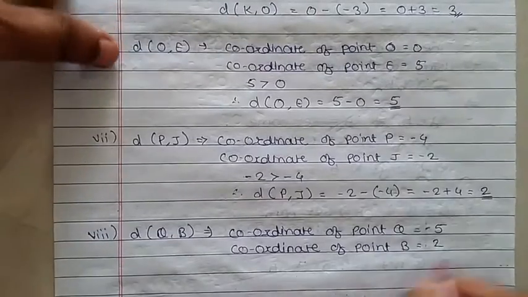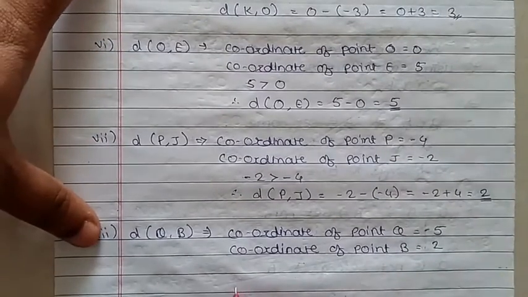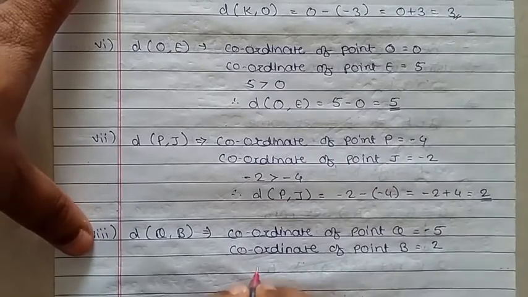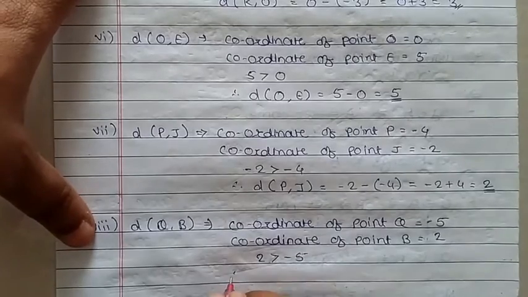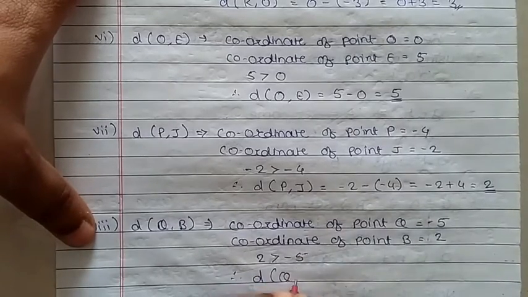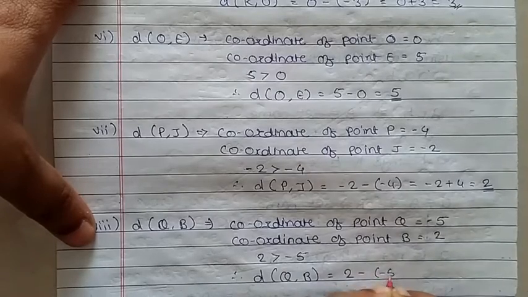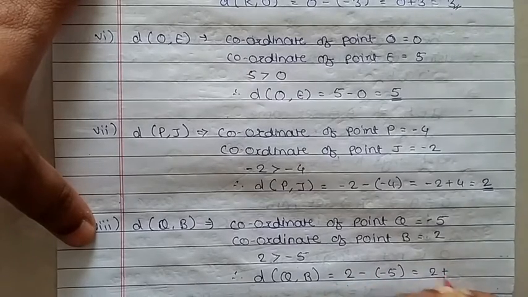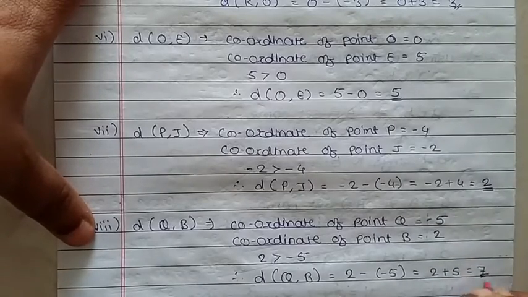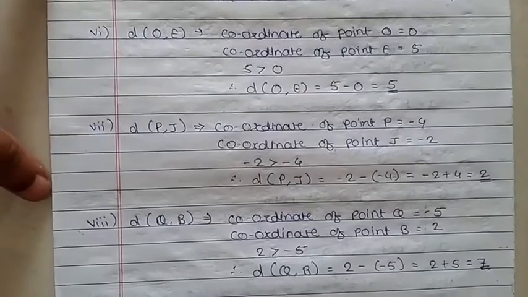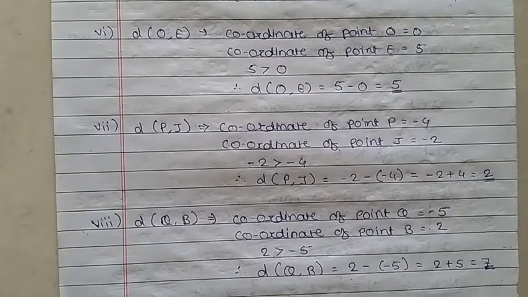So these coordinates are written down from your figure. So which is the greater one? That is 2 is greater than minus 5. So therefore the distance between Q and B is equal to 2 minus minus 5, which is 2 plus 5, that is 7. So this is your answer of the 8th question. So this is the full solution of your question number 1.